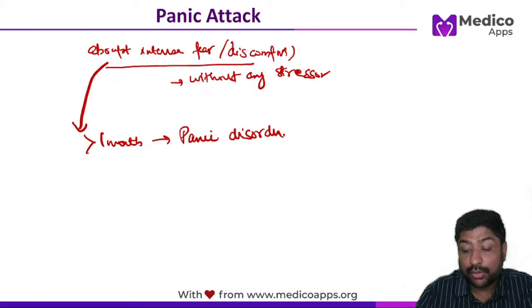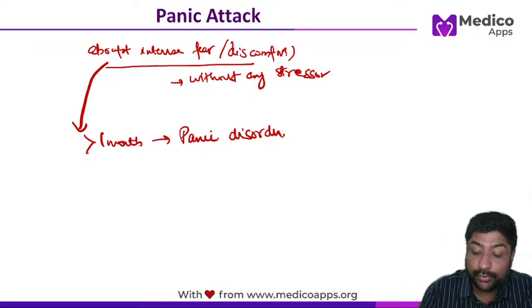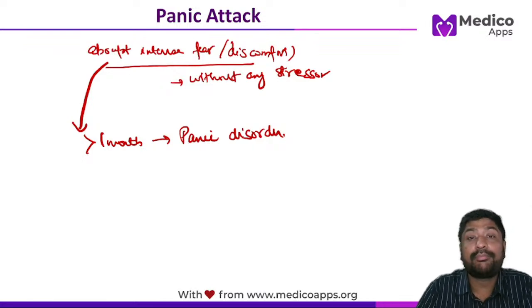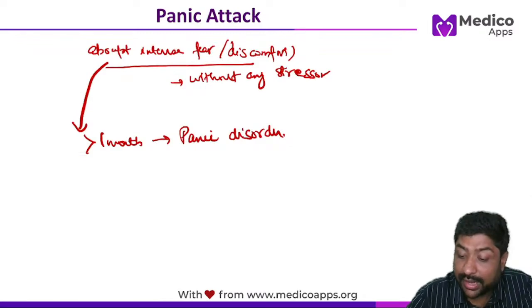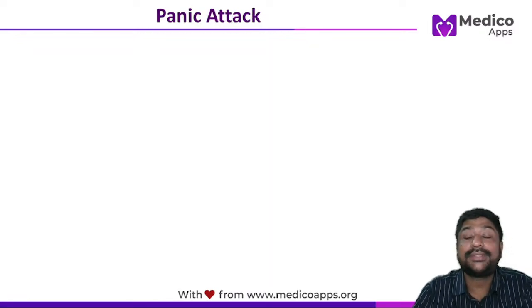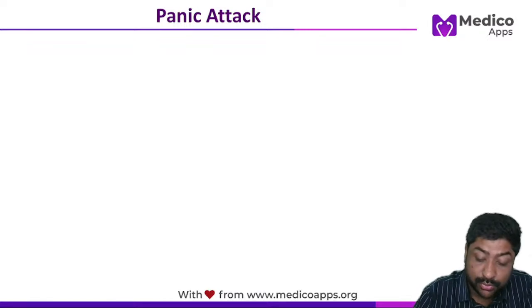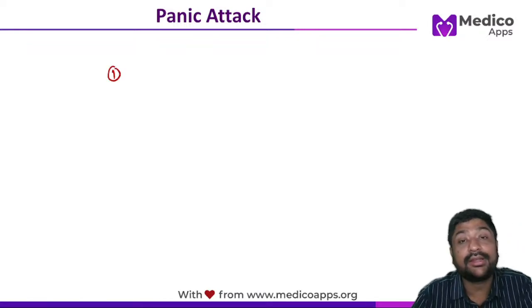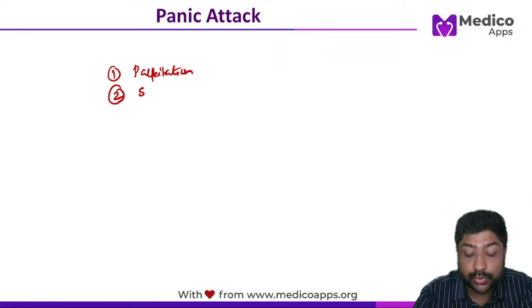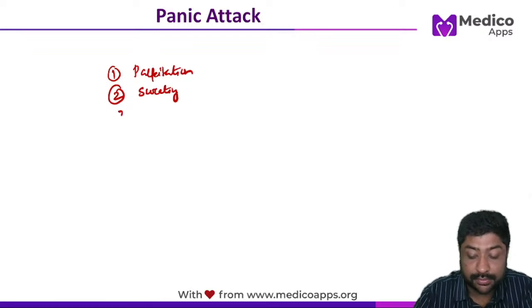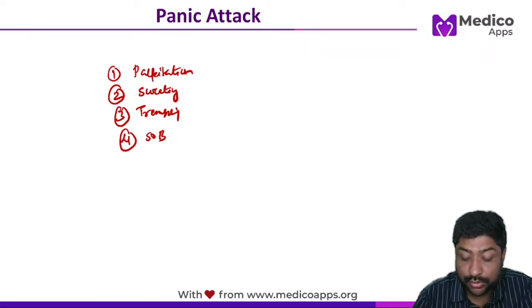So how do you make a diagnosis of panic attack? There are certain diagnostic features. So let's look at the clinical features. Palpitation will be there, sweating, trembling, shortness of breath, choking sensation.